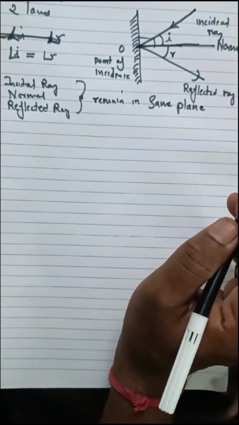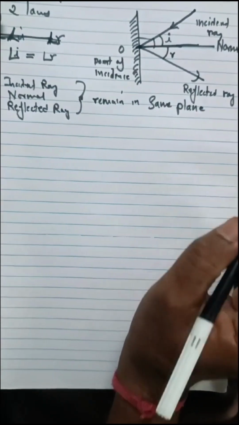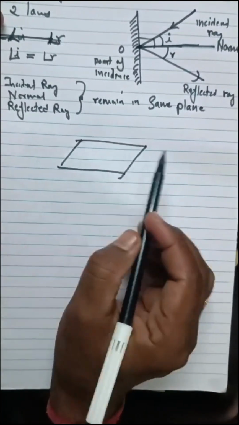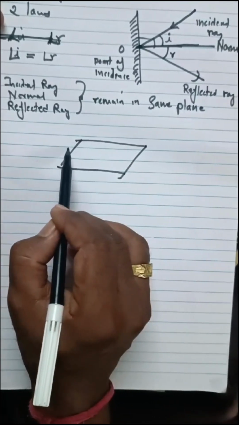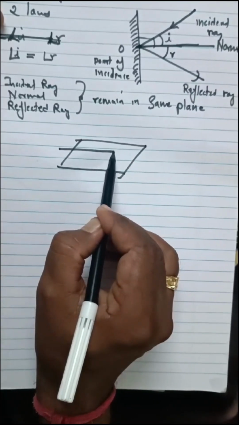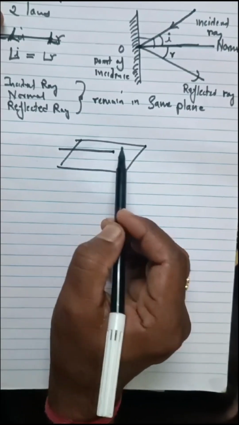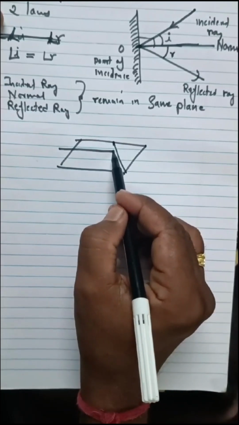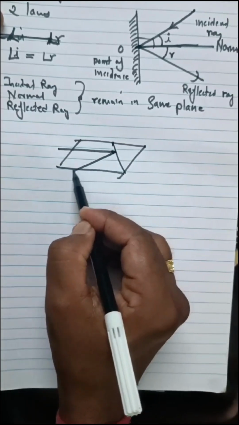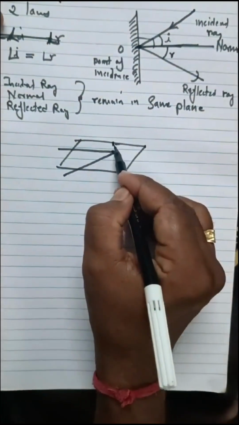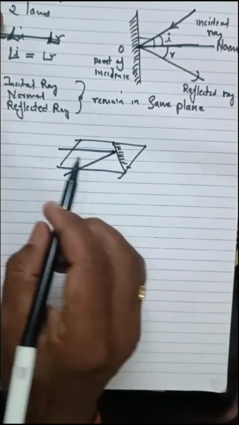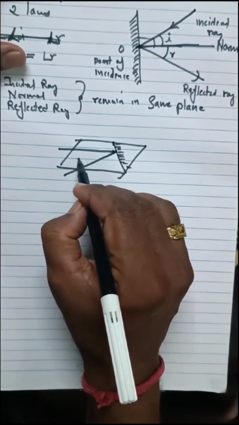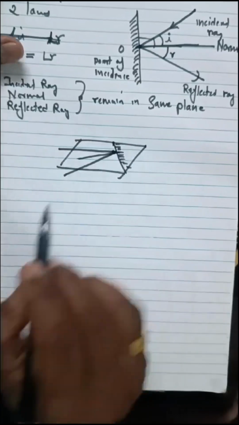Now to simply understand this, suppose I have taken a table, and I'm able to make the incident ray fall along the surface of the table, and I've kept a mirror here. Now it will be reflected by the mirror. Now I will draw a normal perpendicular to the surface, perpendicular to the plane mirror.